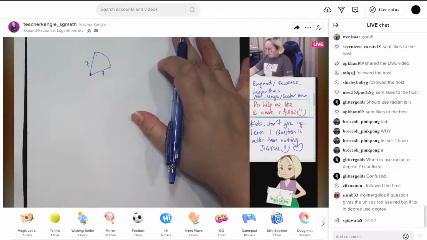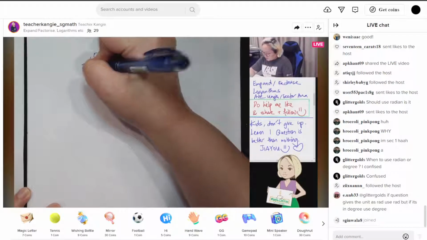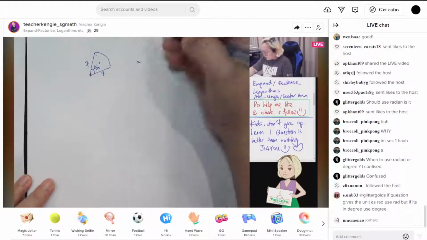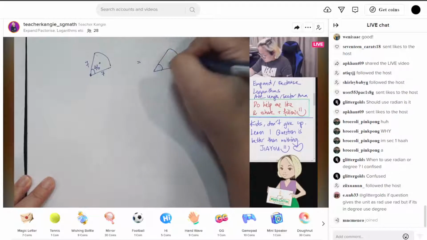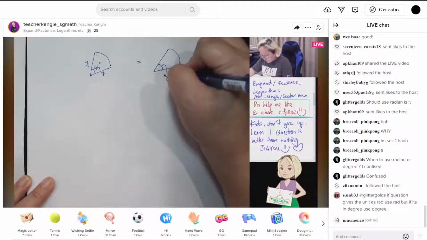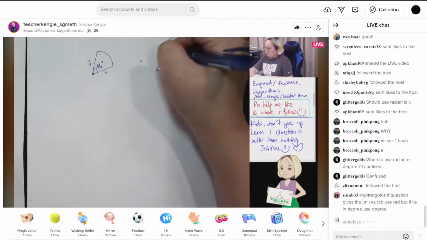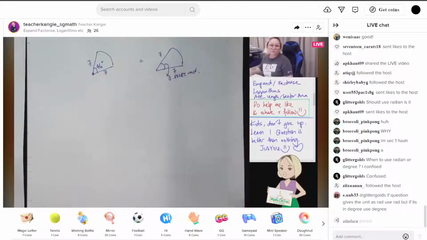This is 46 degree, which is equivalent to 0.80285 radian. It's the same thing. It's just that one angle is given in degree, one angle is given in radian.